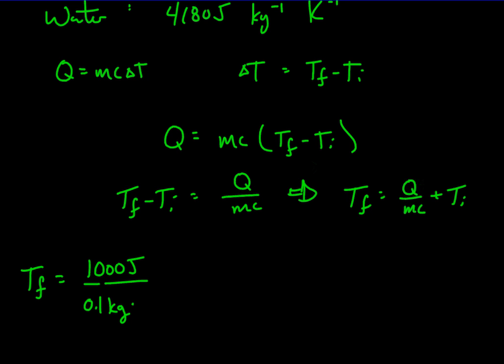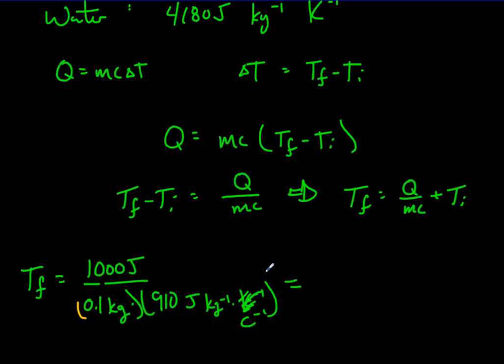Okay. So sorry, 0.1 kilograms, and aluminum is 910 joules per kilogram Kelvin. And again, remember, we're dealing in Celsius here, so Kelvin or Celsius is going to be interchangeable in this concept. In a delta, it's interchangeable.